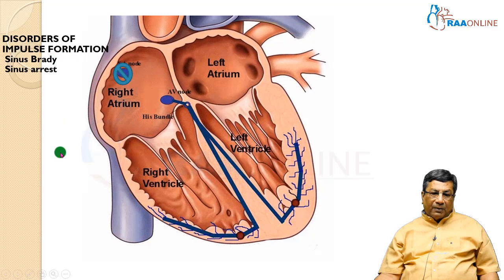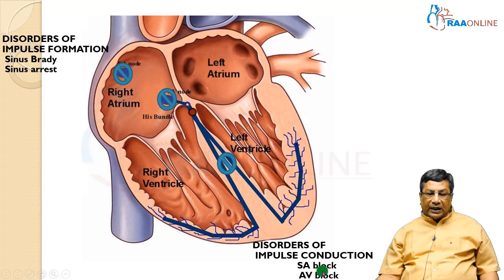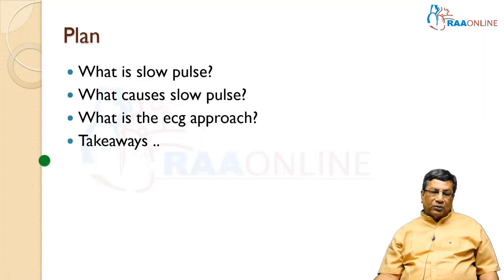Or there may be a problem in impulse conduction: the impulse may be blocked at the AV node or at the distal conduction system. This is a disorder of impulse conduction, a classical example being atrioventricular block. So bradycardias can be due to abnormal impulse formation or abnormal impulse conduction.